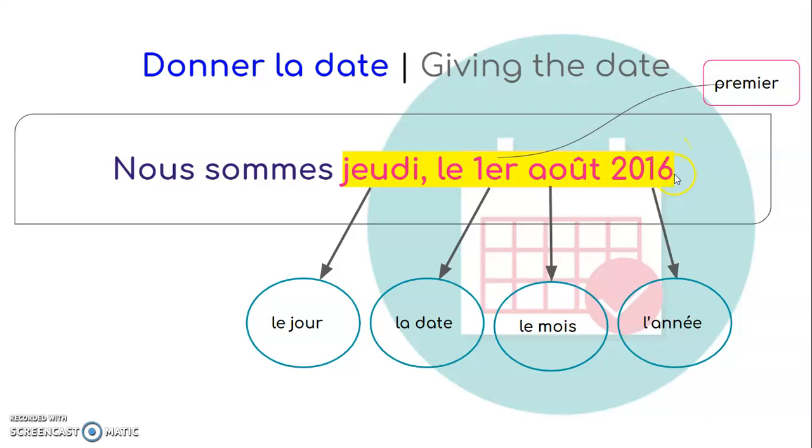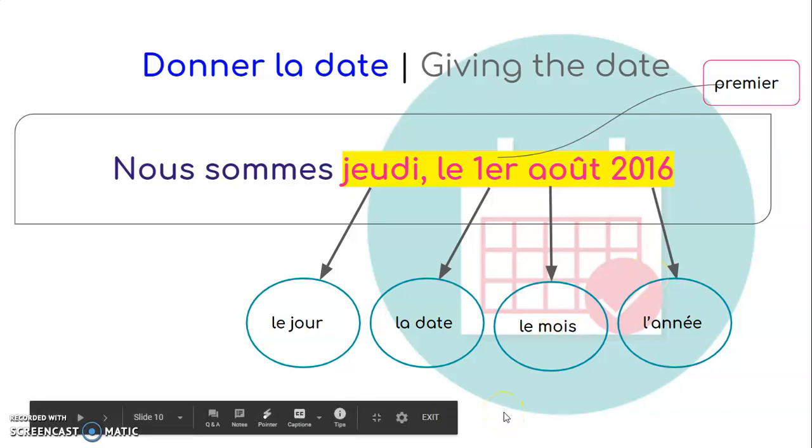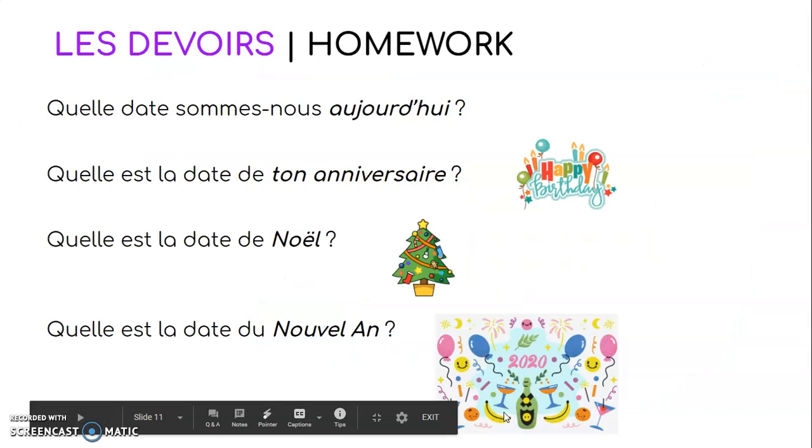If you said 16, you're correct. So, it's 2016. Donc, nous sommes jeudi le 1er août 2016. Today is Thursday, the 1st of August 2016. Very good. Très bien. Let's move on.